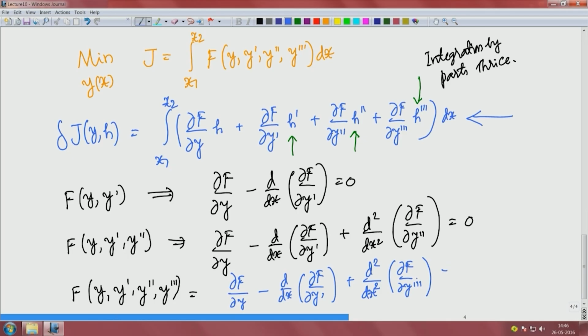Here we had double prime, not triple prime. Now, it will be minus the third derivative, d³/dx³ of ∂f/∂y triple prime, equal to 0. We have seen the pattern now. We can do the long-winded way and find that this is what will happen.